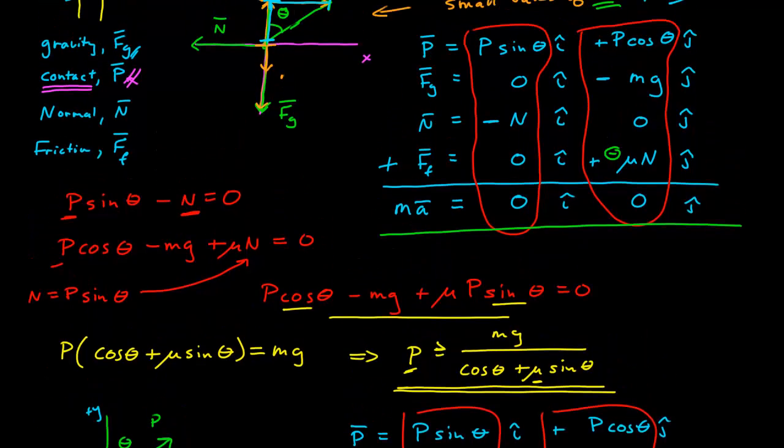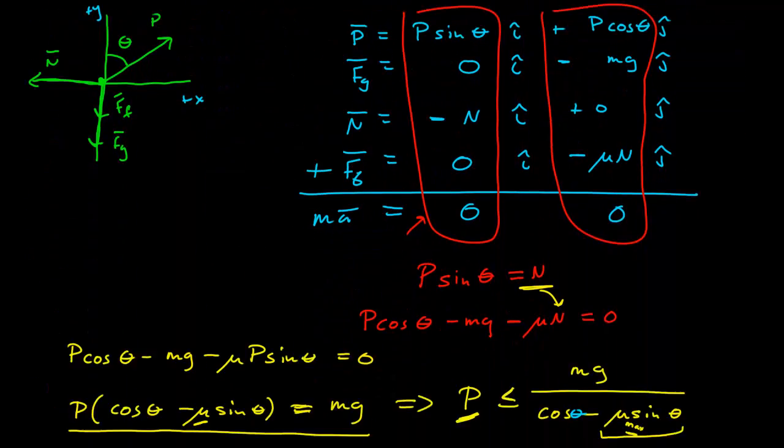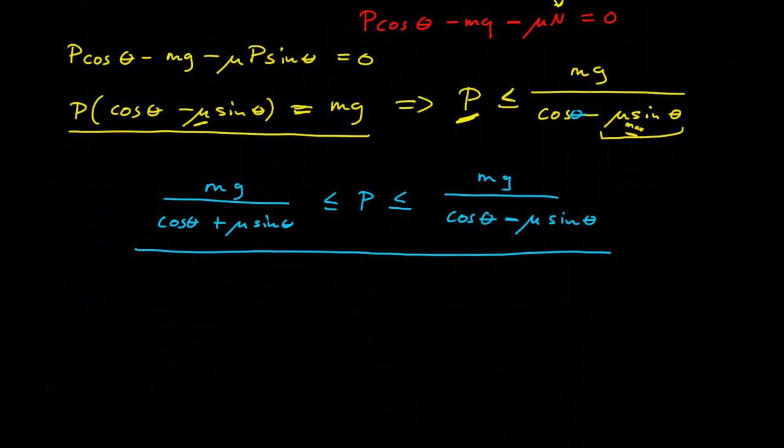And so from this, can we answer the second part of the question? Is there a relationship between mu and theta such that no force P will make the book slide up? And there is. That's this second condition here. P must be less than this. Well, let's look at the denominator here.